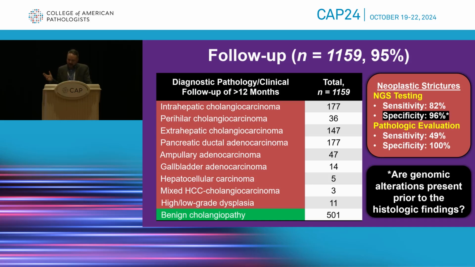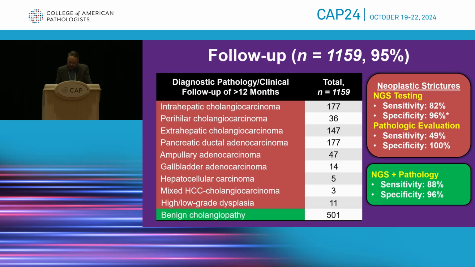So are there some genomic alterations that are present before you can even have something that's histologically detectable, which might be helpful or it may be problematic. But regardless, because both techniques are very specific, when you combine them, you can bump your sensitivity up to 88% while only slightly lowering your specificity to 96%.